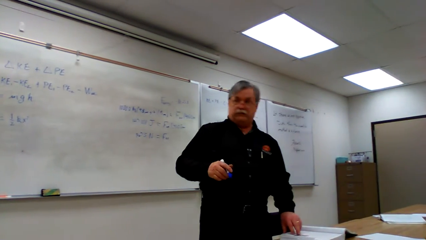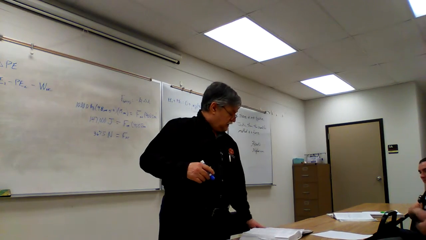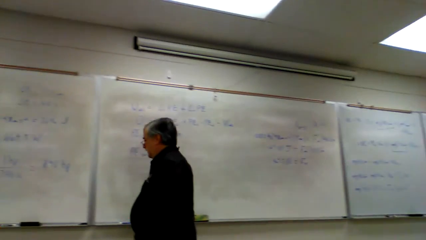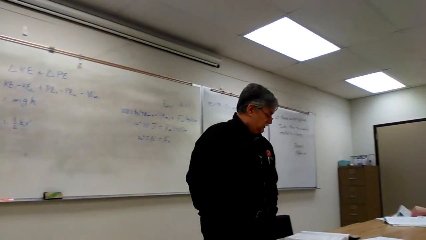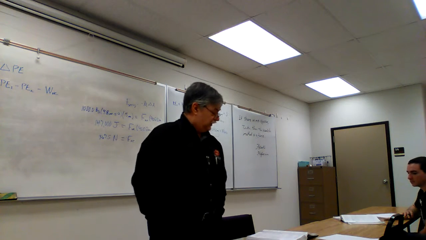There's one more example they look at. It's an example of a car, and we're not going to work through the arithmetic because I want to give some time for y'all to ask questions. It's example 6.14.